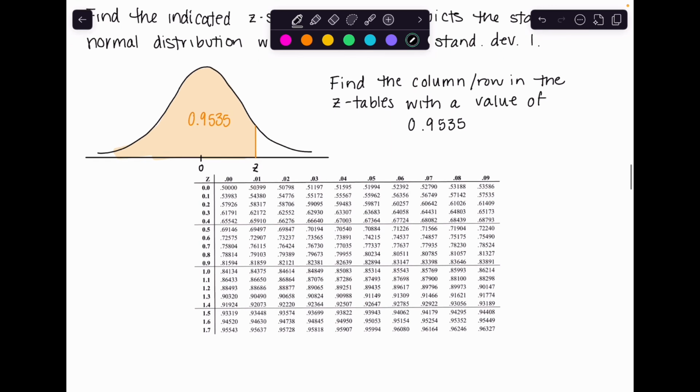So again, the numbers on the left represent the first 2 digits. And this represents that 3rd digit, which is the 2nd decimal place.